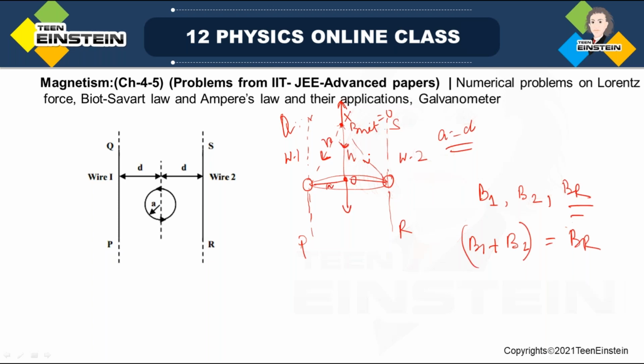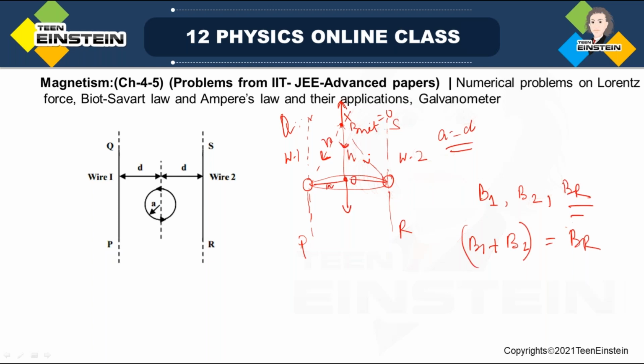B1 and B2, since it is a long wire, will be mu0 I by 2 pi d, or 2 pi r. Here let us say this distance is r.